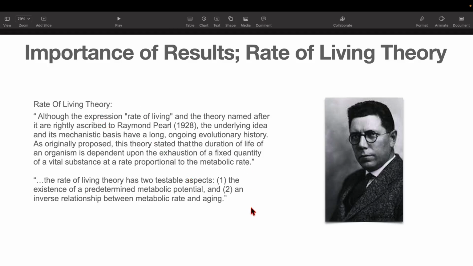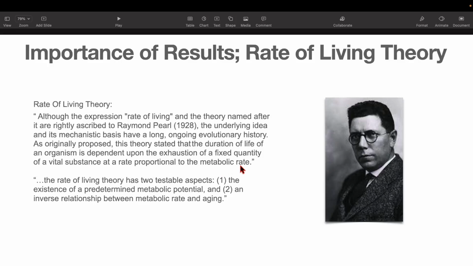What they go on to say here in quotes is: although the expression rate of living and the theory named after it are rightly ascribed to Raymond Pearl, the underlying idea and its mechanistic basis have a long, ongoing evolutionary history. As originally proposed, this theory stated that the duration of life of an organism is dependent upon the exhaustion of a fixed quantity of a vital substance at a rate proportional to the metabolic rate.